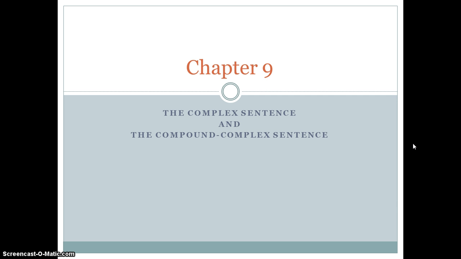Now, before we start with the material, I think this chapter gets a bit more in depth than I necessarily want you to know and understand really, really well. So I'm going to go over the information it presents, and hopefully I can present it in an easier way if you're having any trouble reading it from the textbook.